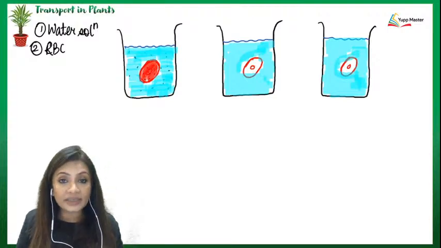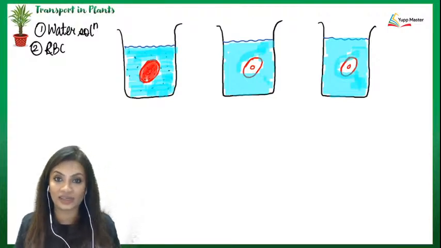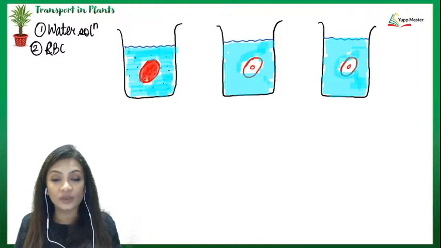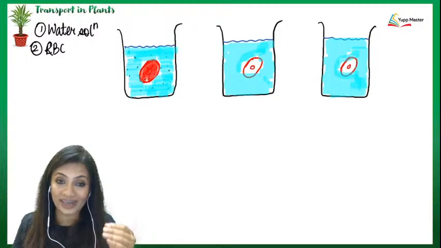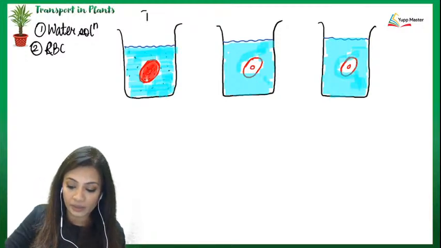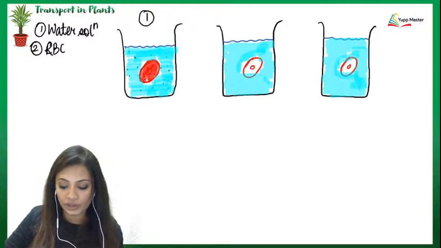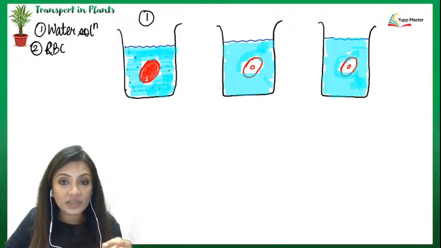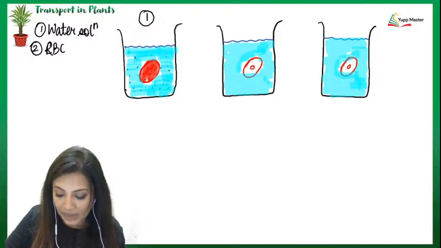Okay, now RBC is a cell, it has cytoplasm, and cytoplasm has salts, and we've also put salts in the water, but we've put an equal amount. So can I say that in this beaker number 1, the solution that is there, I'm talking about the water solution, that solution is an isotonic solution.